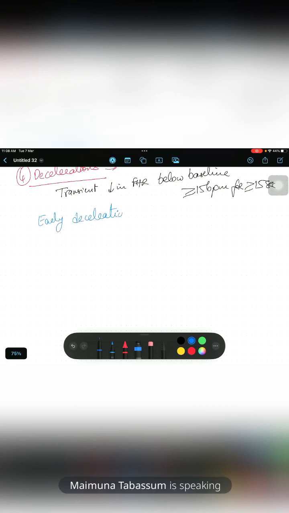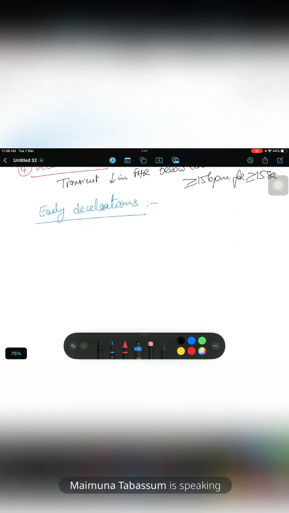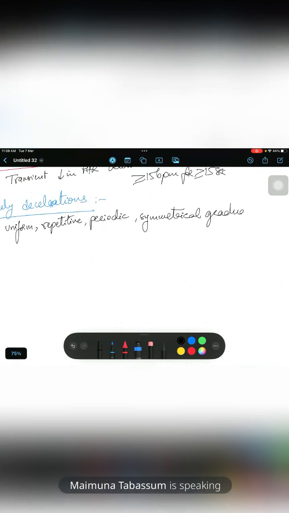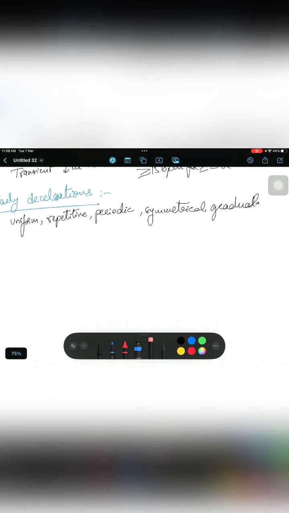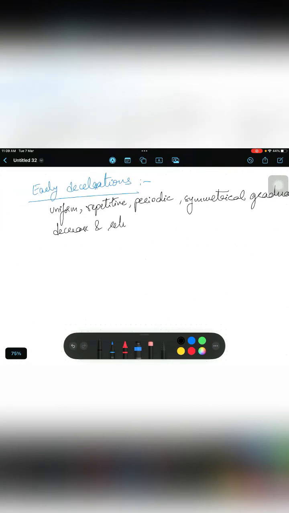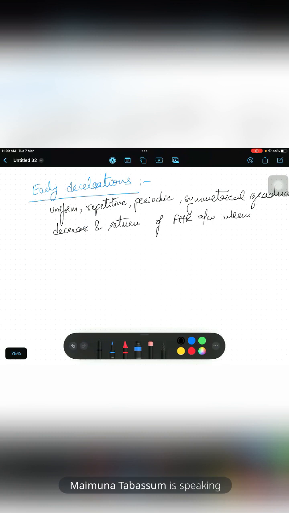Early decelerations. So what are the early decelerations? They are uniform, repetitive, periodic, symmetrical, and gradual decrease and return of the fetal heart rate associated with the uterine contraction.